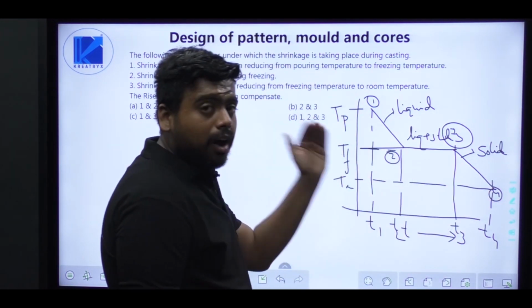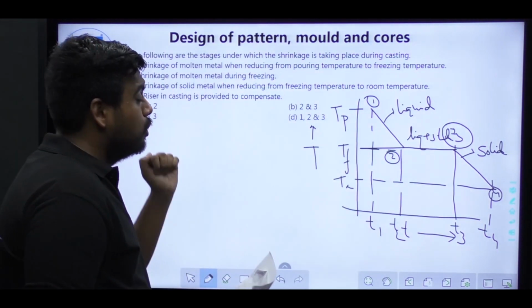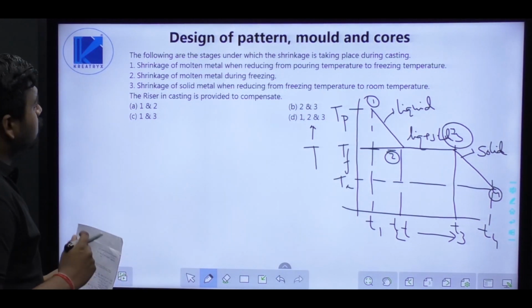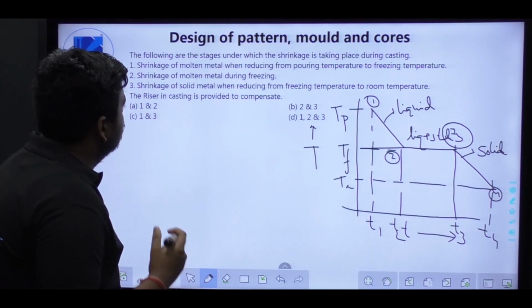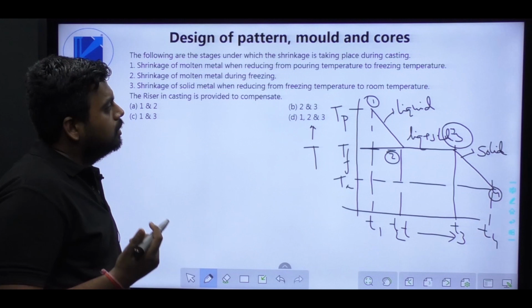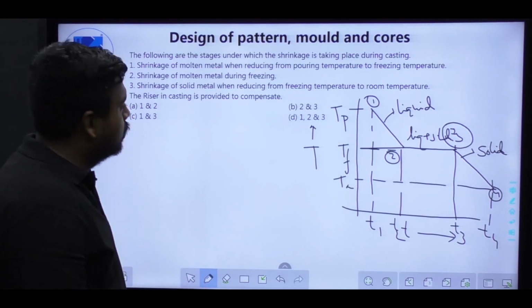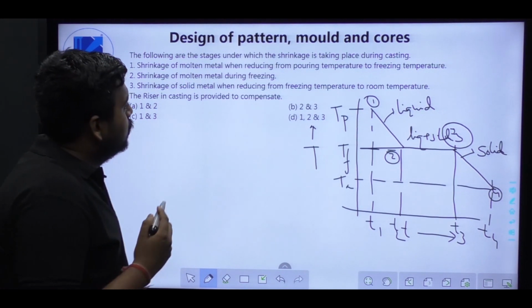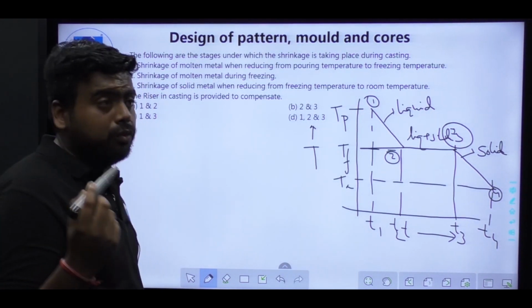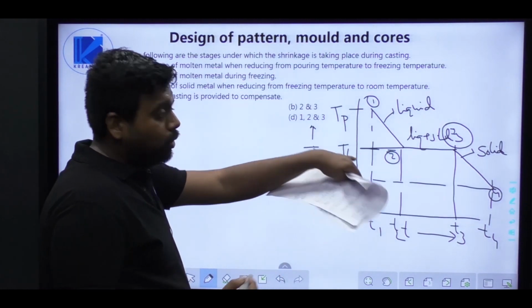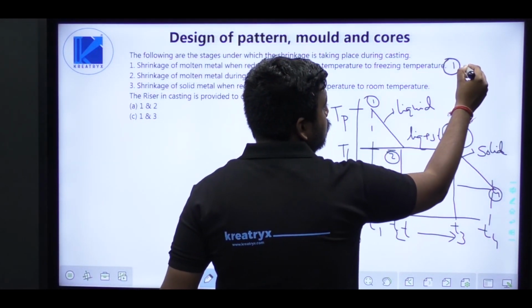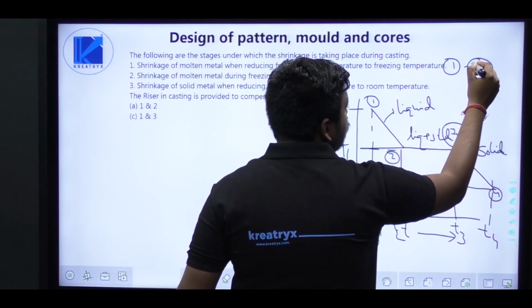So now friends, I will come back to the question. What the question is basically saying is the following are the stages under which shrinkage takes place during casting. Number 1, shrinkage of molten metal when reducing from pouring temperature to freezing temperature. So if you look at this curve, they are talking about stage 1 to 2.